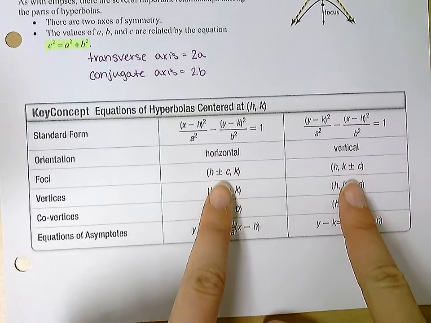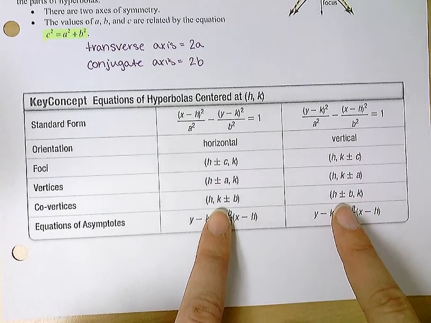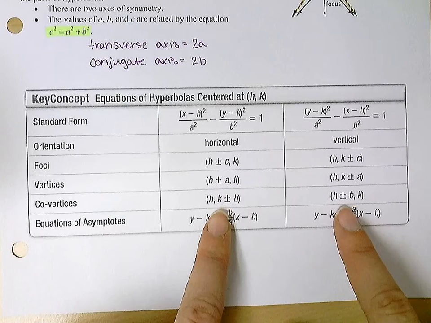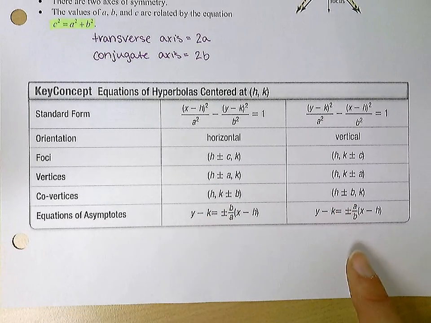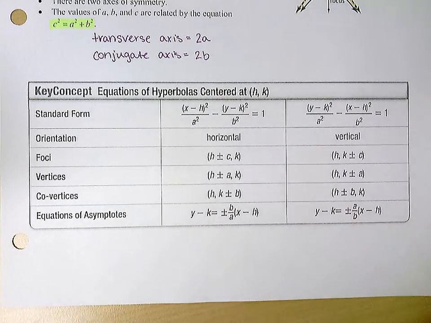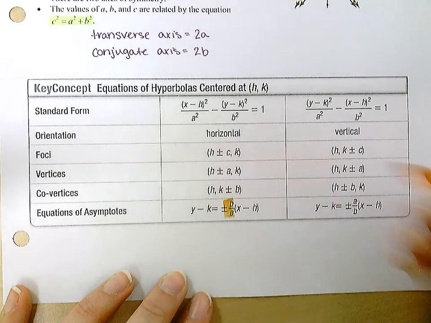Again, we have our equations for our foci points, our vertices, and our co-vertices, just like we did for ellipses. They're pretty much the same. However, we also have equations for asymptotes. The part I want you to always look at for your asymptotes is the slope.